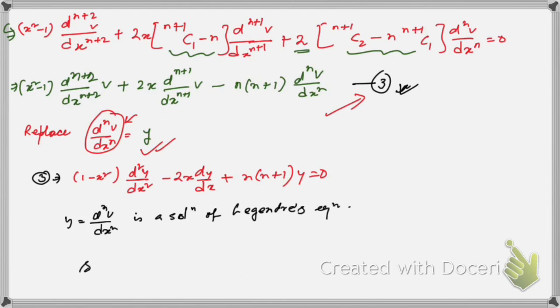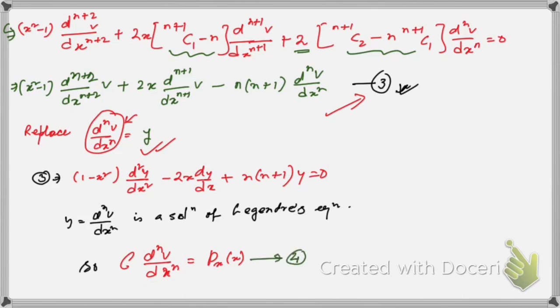So we can write capital C, which is a constant, times the nth order derivative of v with respect to x is equal to Pn(x), where Pn is the Legendre polynomial, right? So now you see, this is suppose equation number 4.